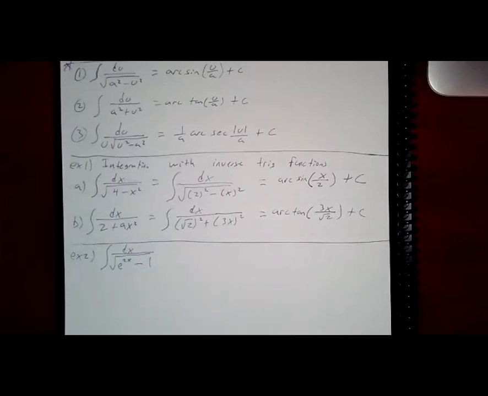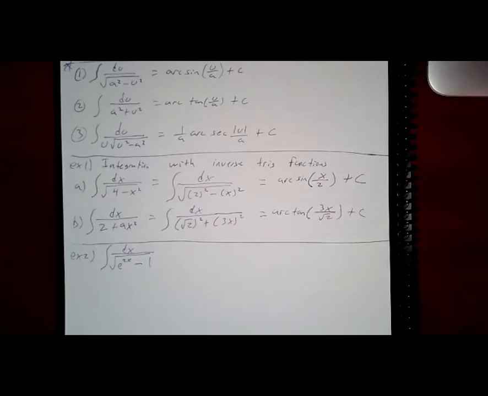Okay, so the integral of dx over the square root of e to the 2x minus 1. How should we approach this? So it's going to be the trig sub because that's the section.